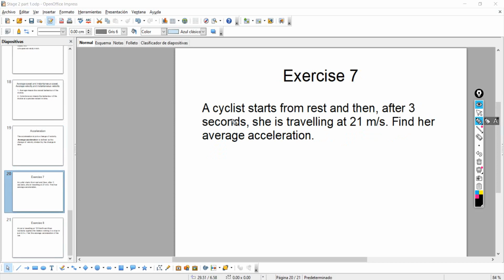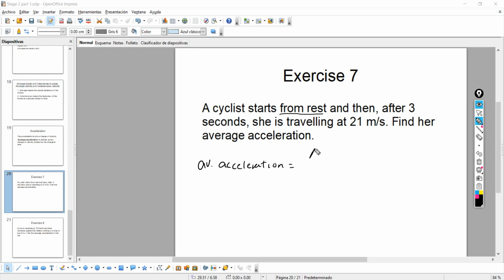So this one, exercise number 7, says a cyclist starts from rest and then after 3 seconds, she's traveling at 21 meters per second. Find her average acceleration. Okay, so let me write first the definition of average acceleration.